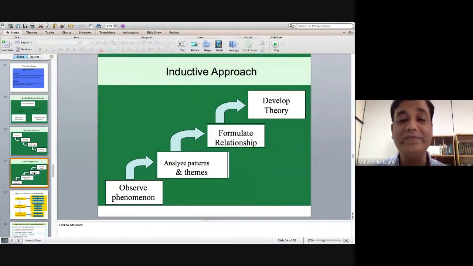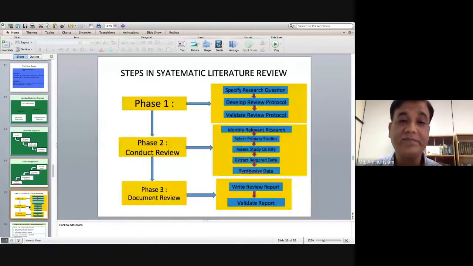If it is inductive, then we look at the phenomena, the situation around us, and from there we start picking up ideas, and slowly we start conducting interviews, focus groups, and all that. Then we develop a conceptual framework, and slowly we test it, and then we develop a theory. So these two slides are very important for a systematic literature review.